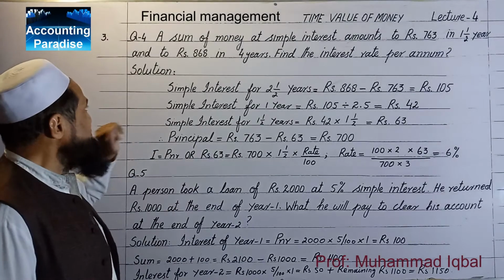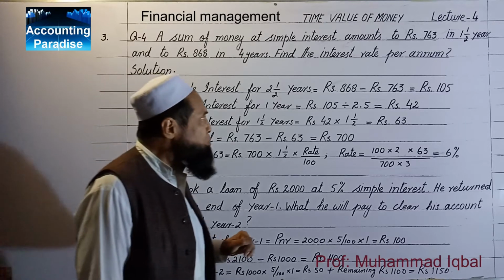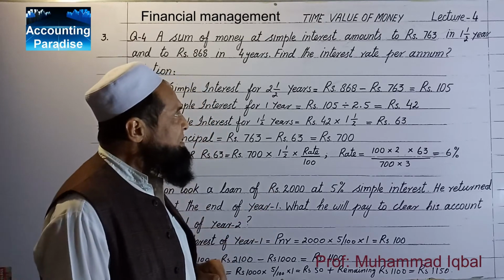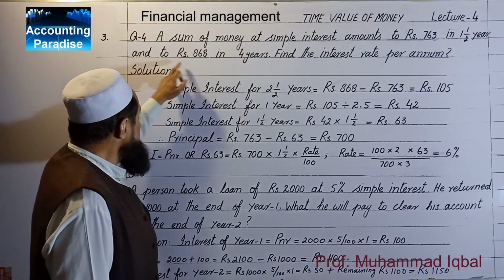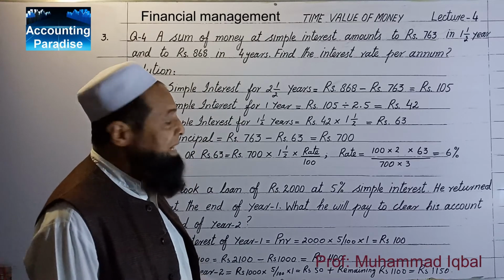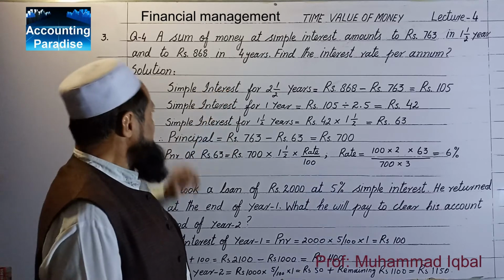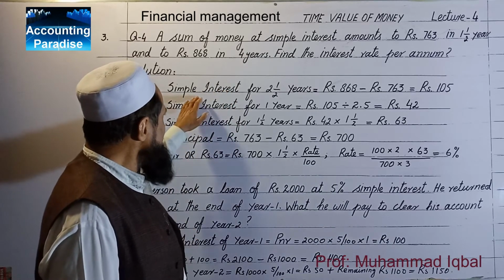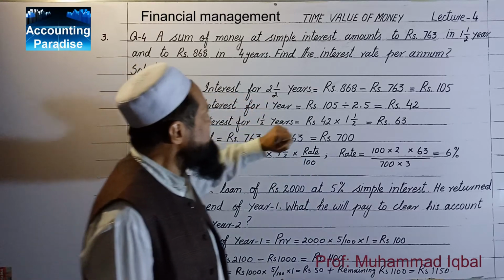Now the question number 4. The sum of money at simple interest amounts to rupees 763 in 1.5 years and to rupees 868 in 4 years. Find the interest rate per annum. It is like the third question. First of all, we will calculate the simple interest for 2.5 years.